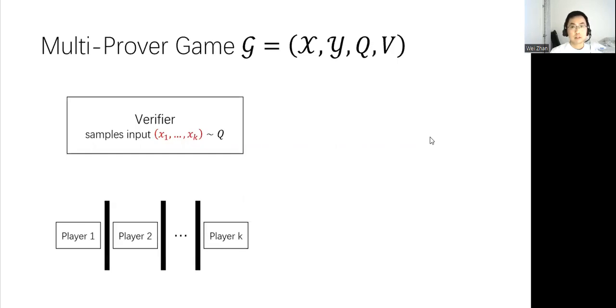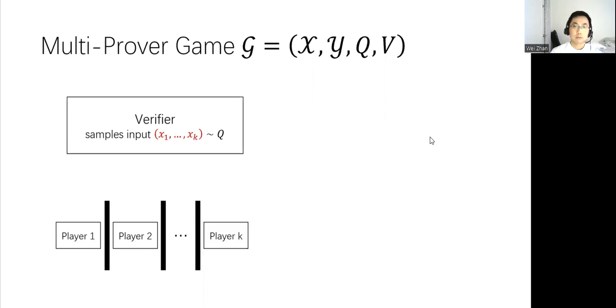What is a three-player game, or more generally, multiplayer or multi-prover games? Well, the game consists of a verifier or referee and k provers or players. The players cannot communicate with each other and could only interact with the verifier.